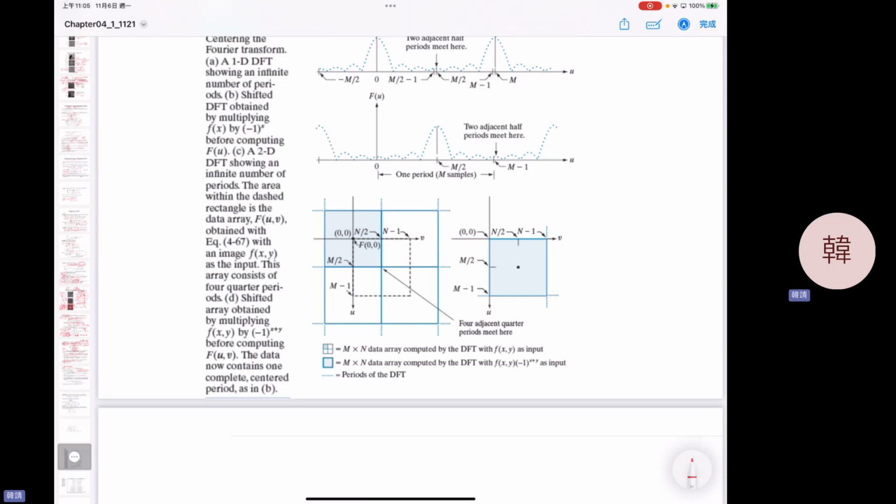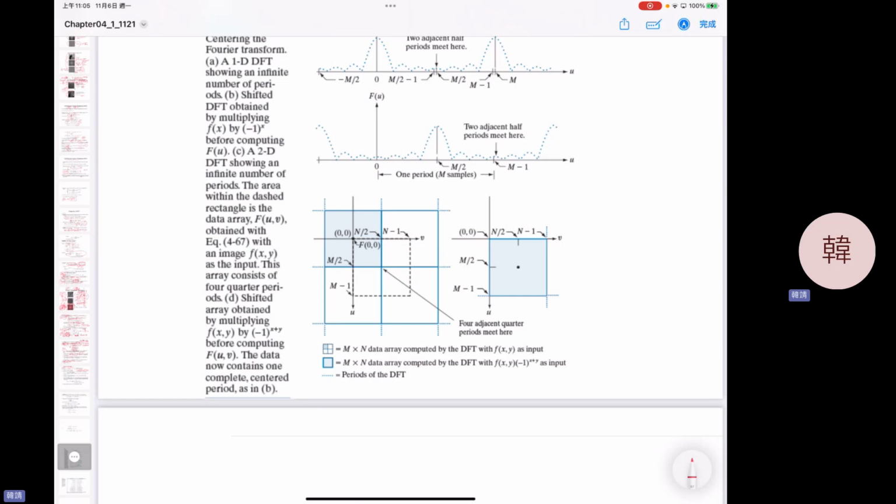What's the minimum requirement? It should be double the frequency band of your signal. Otherwise, your signal will overlap. Why does that happen? Because delta t in the time domain is the distance in your time domain, and in the Fourier domain it becomes frequency, so it's 1 over delta t.